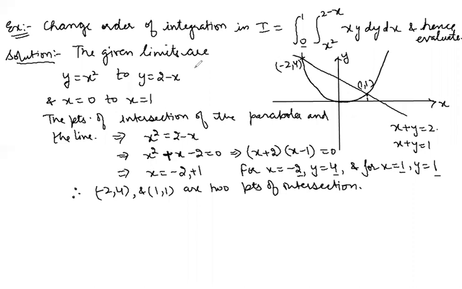Now we have to take the region of integration. Tell me what it is here. You will see that the strip is parallel to the y-axis and it goes from the parabola to the line, and x varies from 0 to 1. So this is the region of integration.